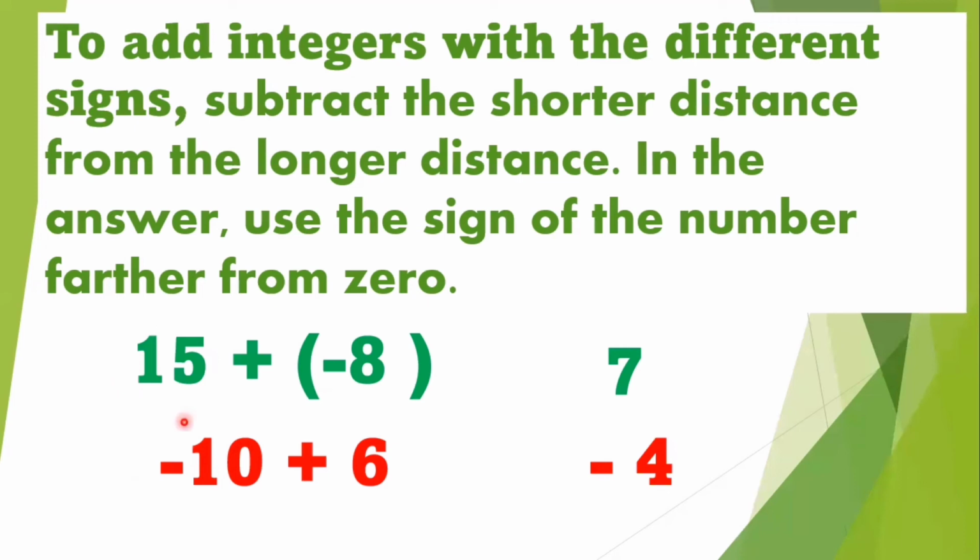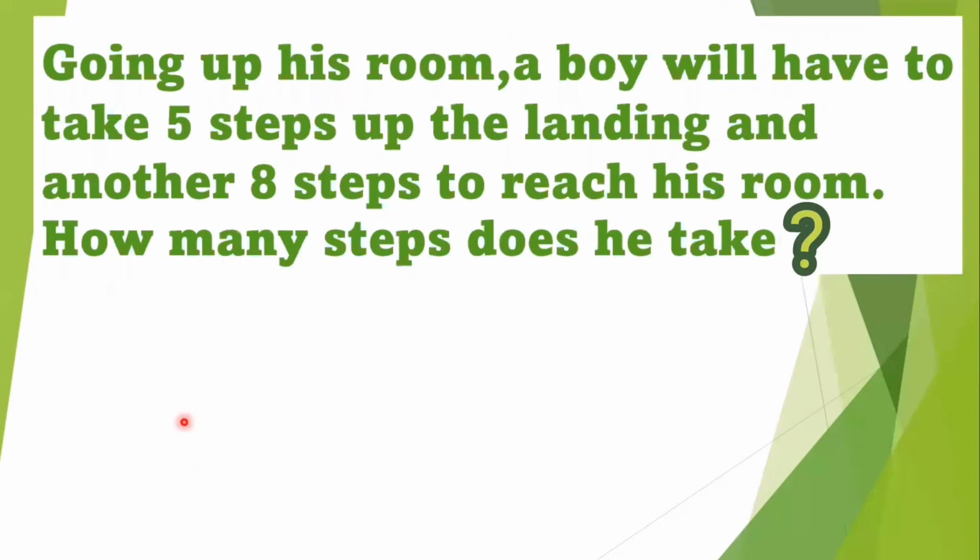Now, let us have an example of a word problem. Going up his room, a boy will have to take 5 steps up the landing and another 8 steps to reach his room. How many steps does it take? So first, meron siyang 5 steps and next is 8 steps. So let us identify.